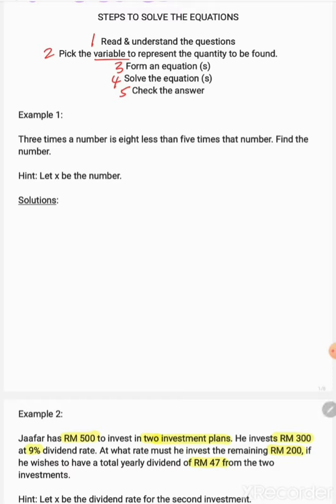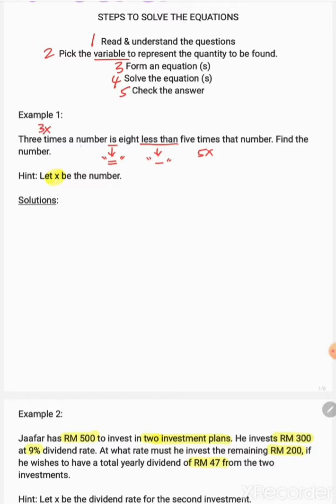So now if you read the question, you have to use a proper variable. So now we will use x for the number. For the question, we know that this is 3 times a number. Times, you can just replace it with the multiply operation. A number, this is x, is, normally we put as an equal sign, and then less than, this is subtraction, minus. 5 times, meaning that 5x. 3 times, meaning that 3x.